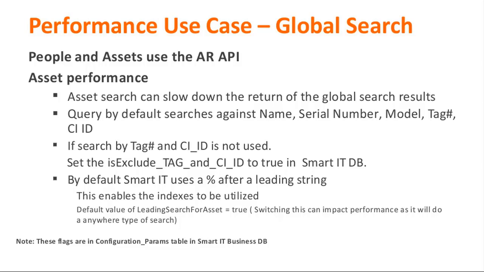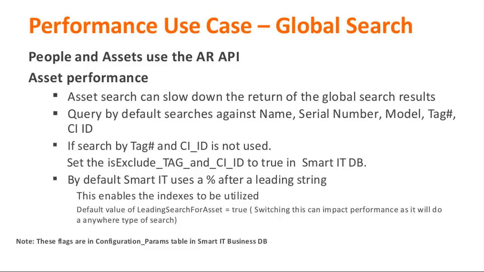This has also been proven in our performance lab to work faster, because tag number and CIID come from a different table. AST:BaseElement, for those of you who are familiar with CMDB and asset management, is the join between the core BaseElement and the AST:Attributes form.